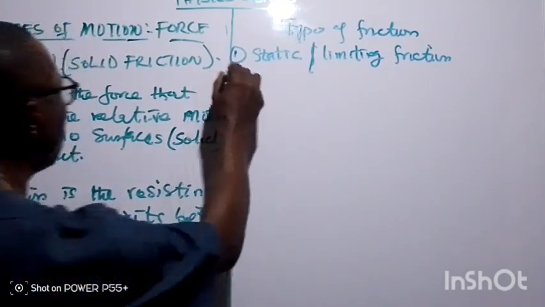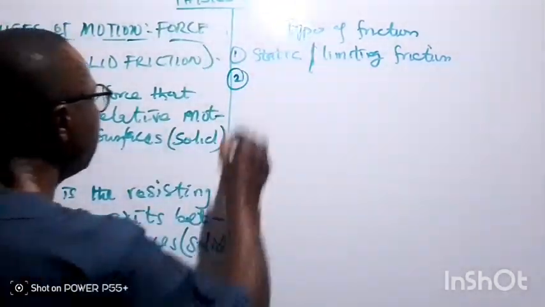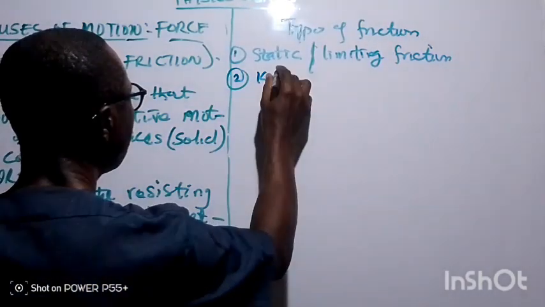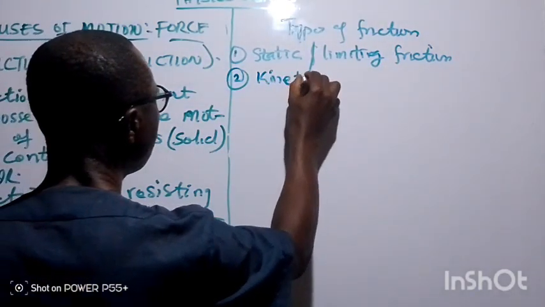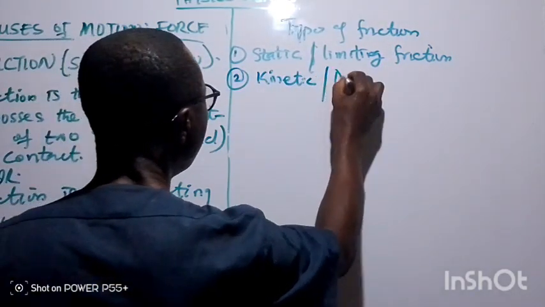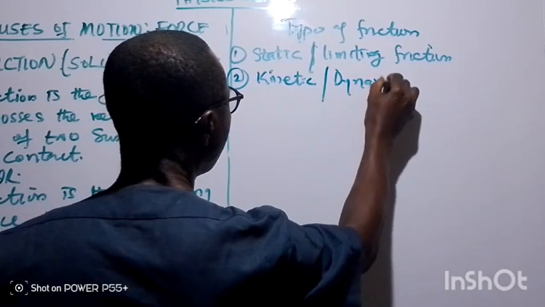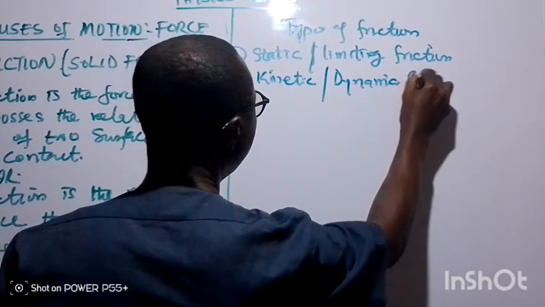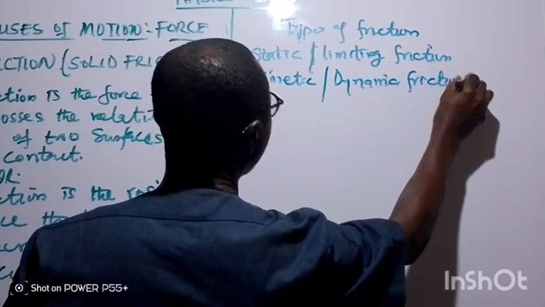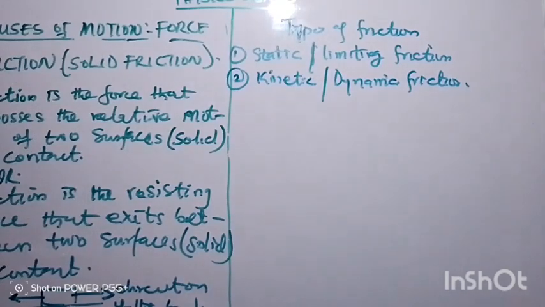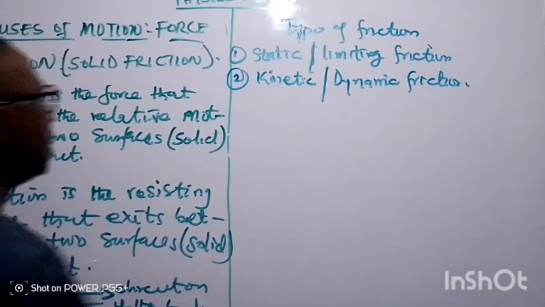Two, we have kinetic, or dynamic, friction. So these are the two types of friction that we have. Now let's take them one after the other.